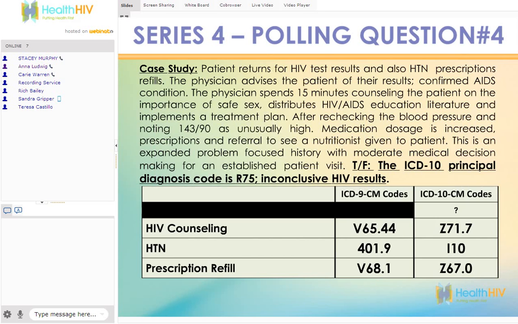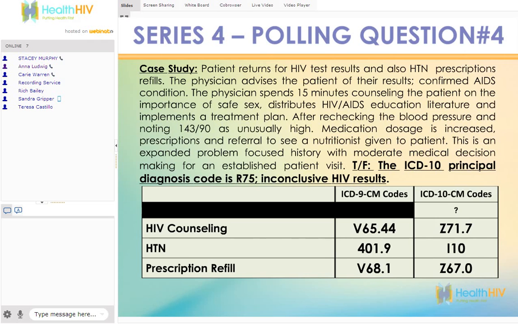The principal diagnosis for this patient who was recently diagnosed with AIDS is B20. Your secondary diagnosis is for counseling, Z71.7, which is here on the slide for you. The hypertension code, I10. Here's your prescription refill code that I was talking about. When patients come in for prescription refills, it is acceptable to report the prescription refill code.